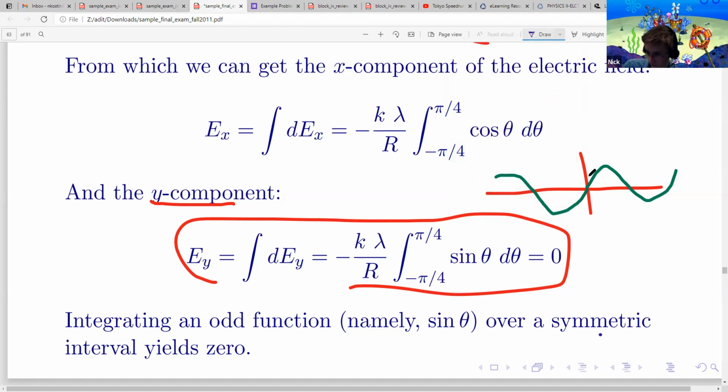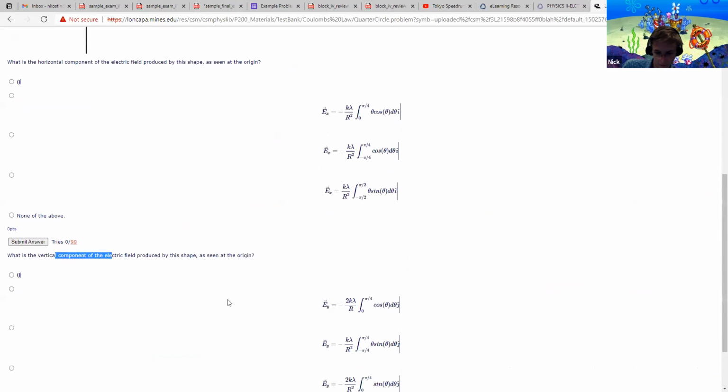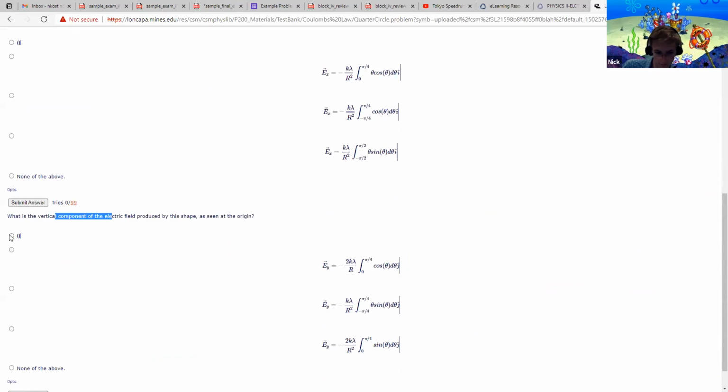One property of odd functions is that when I'm integrating across a symmetric boundary centered on the origin, at theta equals 0 in this case, from negative pi over 4 to pi over 4, I have as much negative area down here as I do positive area up here. So when I add those two, I get 0. That solves one of my questions. The vertical component is 0.